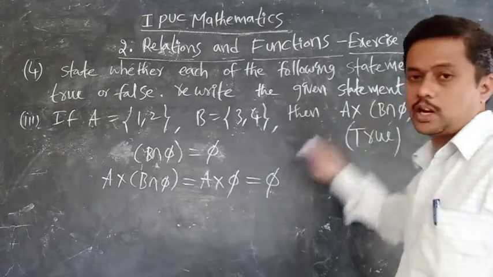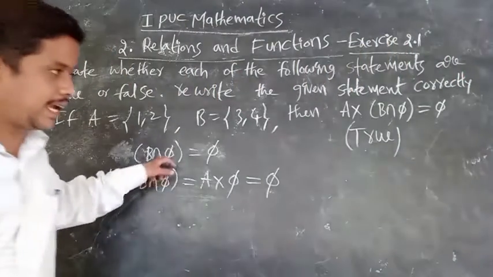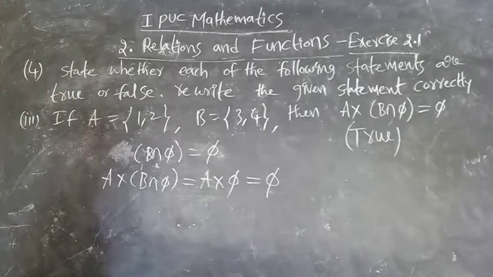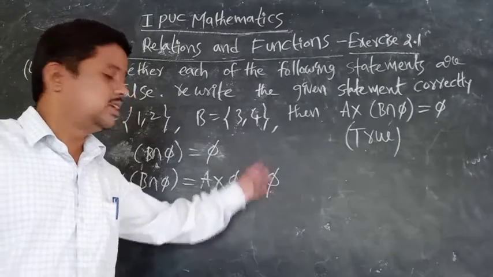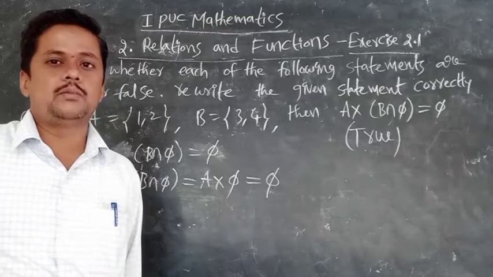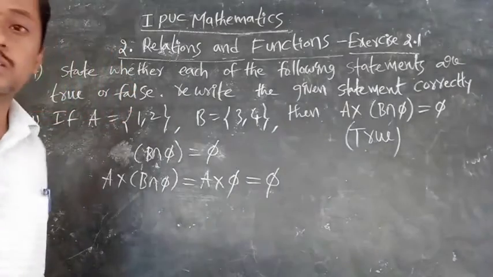No need to write the statement again. Calculate like this, and after calculating, find out. If it is true, no need to write the correct statement again, because it is always true. My dear students, this is about question number 4.